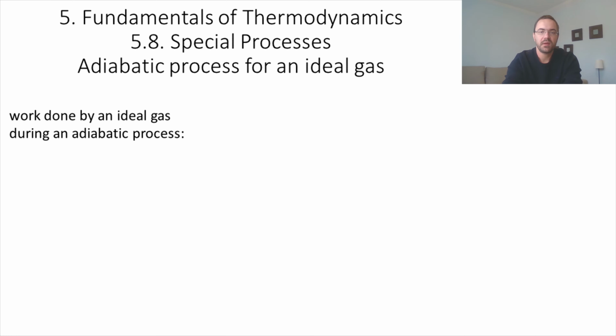Again, since it is adiabatic, then there is no heat transfer, so the work W is equal to minus delta U. And using the same idea as before, you can calculate delta U as nCV delta T. Right? Again, here we're using the fact that delta U does not depend on the process, only on the temperature change.